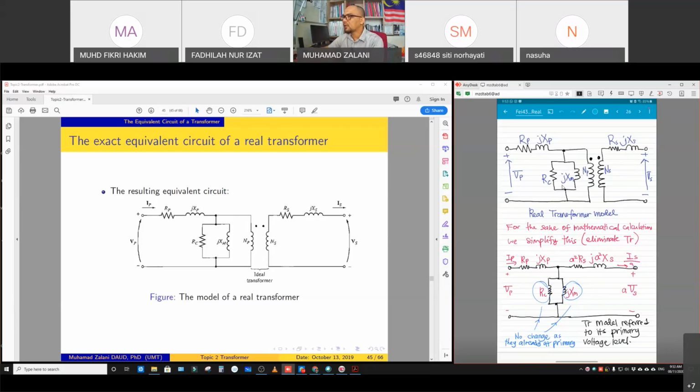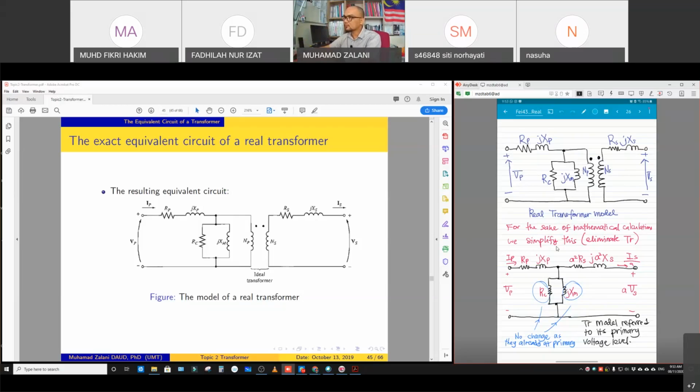This parallel branch is only considered at the primary side. So this is the real transformer model that considers all of the losses: core loss, magnetizing current, leakage inductances, and so on.